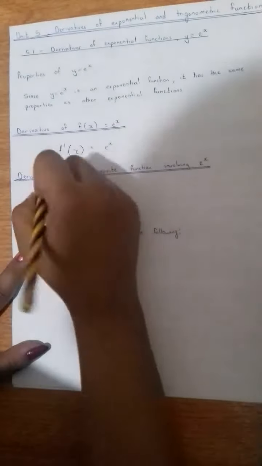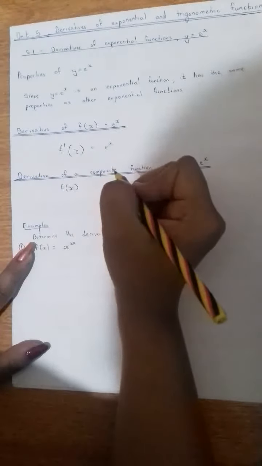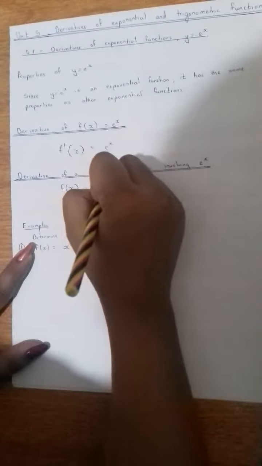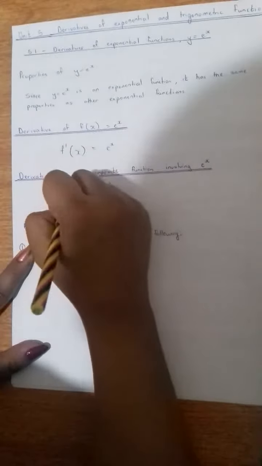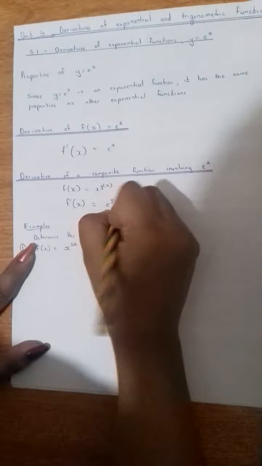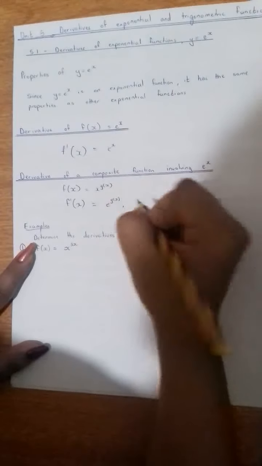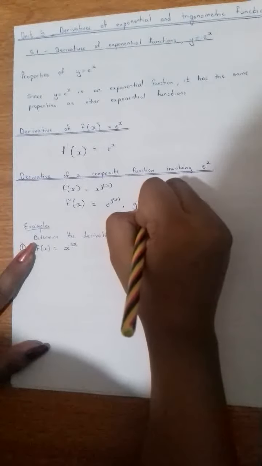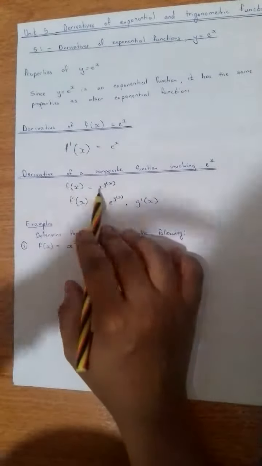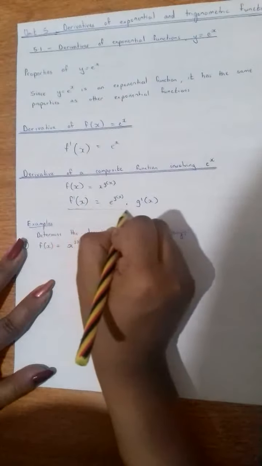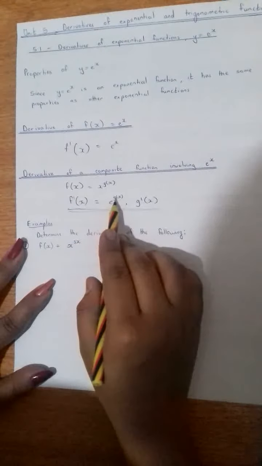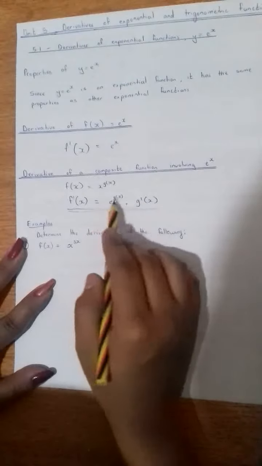Here, if f of x is equal to e to another function, then the derivative of the function is going to be equal to e to the function, the original value, times the derivative of the other function here, which is this power 2x. Therefore the derivative of a composite function involving e to x is e to the function times the derivative of this function here.